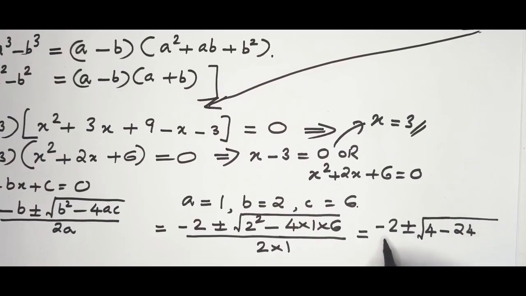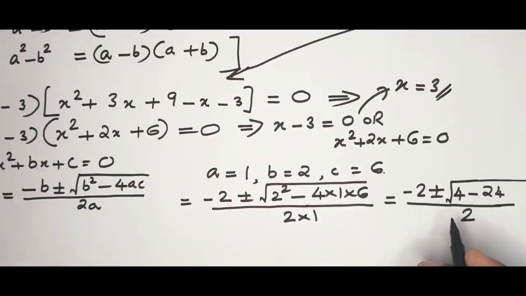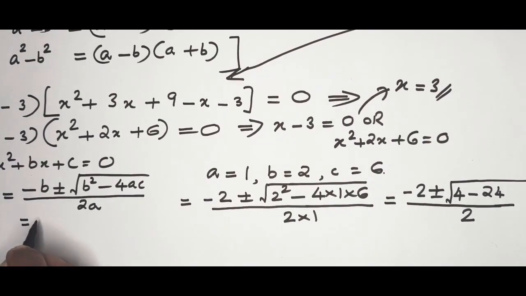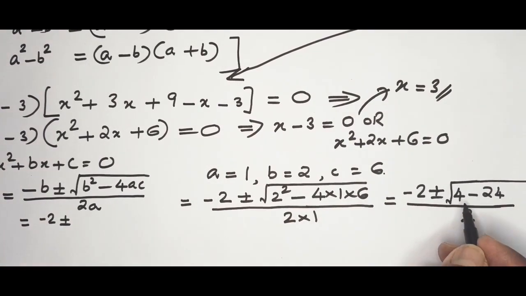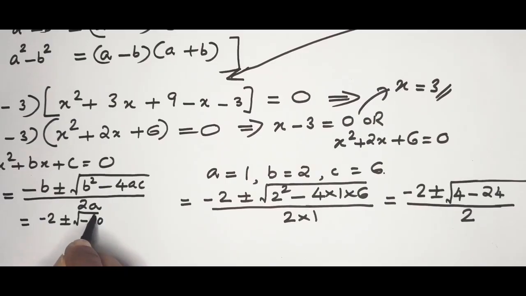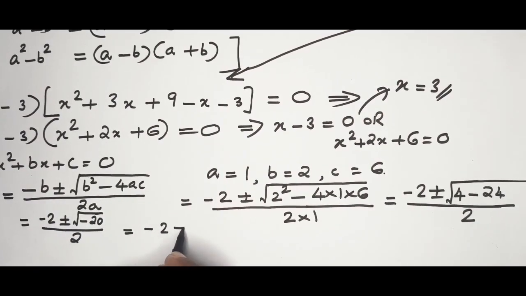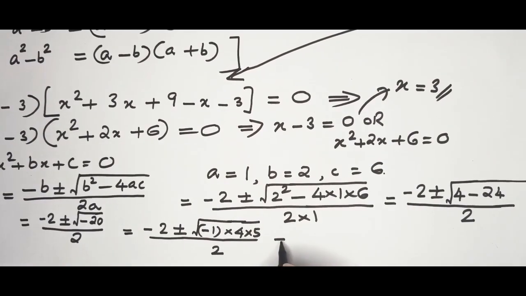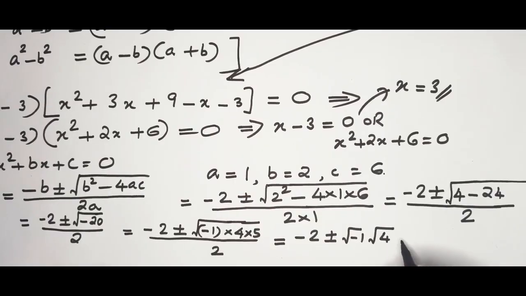So minus 24, divided by 2. Now this term, on further simplification, you have minus 2 plus or minus square root of 4 minus 24, which is minus 20, divided by 2. This is minus 2 plus or minus square root of 4 times 5 times minus 1, divided by 2. You distribute the root sign: root minus 1, root 4, root 5, divided by 2.